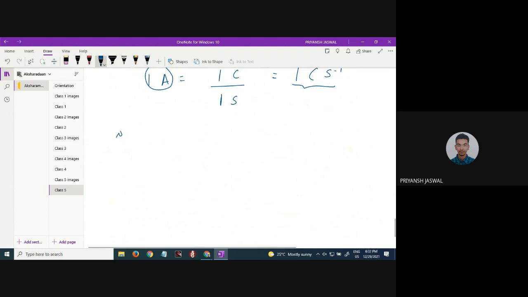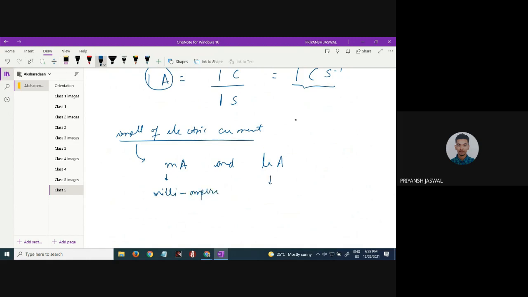And small quantities of electric current can be measured in smaller units, which are milliampere and microampere. This is milliampere, and this one, the symbol is for micro, that is the mu symbol, microampere.